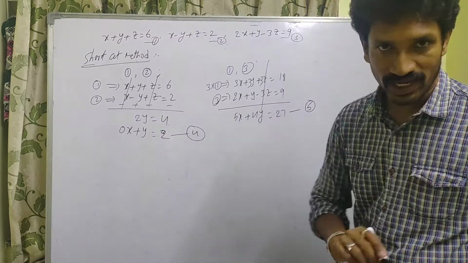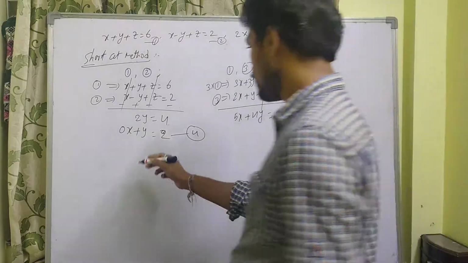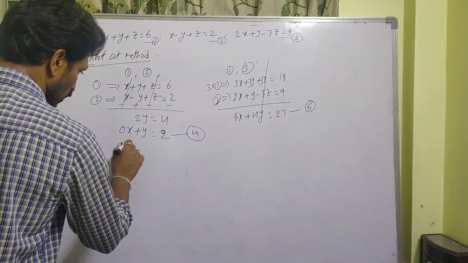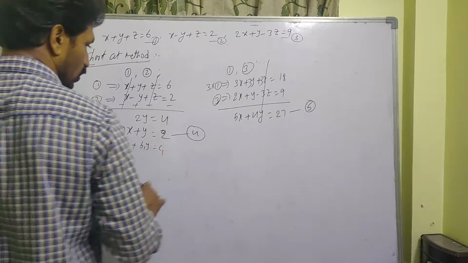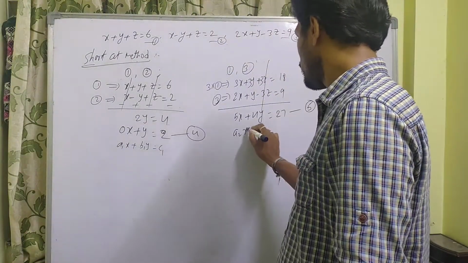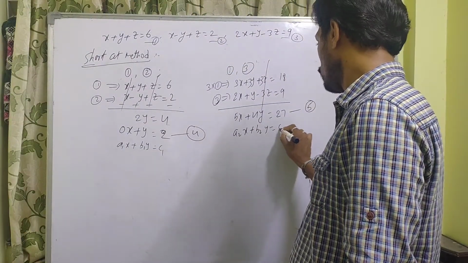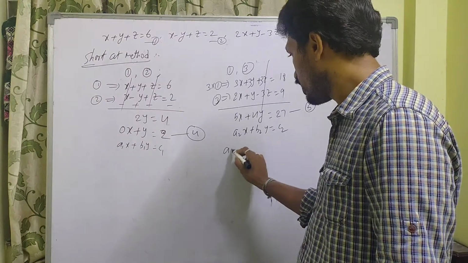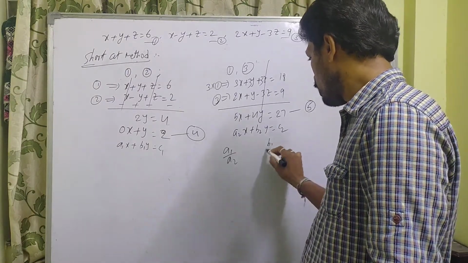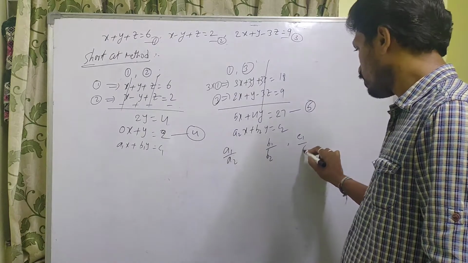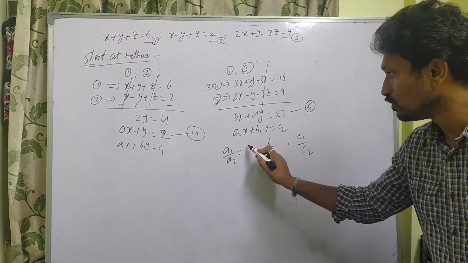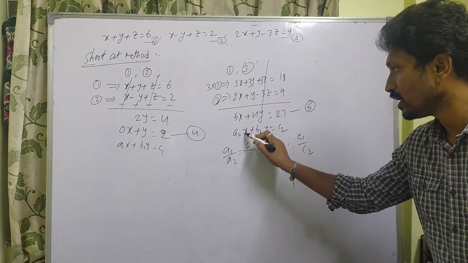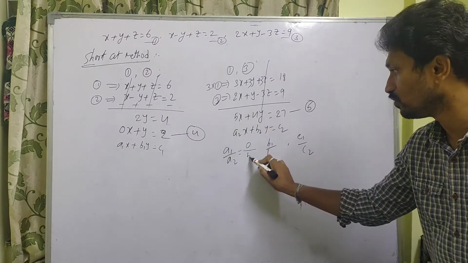So now you take a1 by a2. You understand this is some a1x plus b1y is equal to c1, and this is some a2x plus b2y is equal to c2. So go for A1 by A2, B1 by B2, C1 by C2. What is A1 by A2? A1 by A2 is equal to 0 by 5.